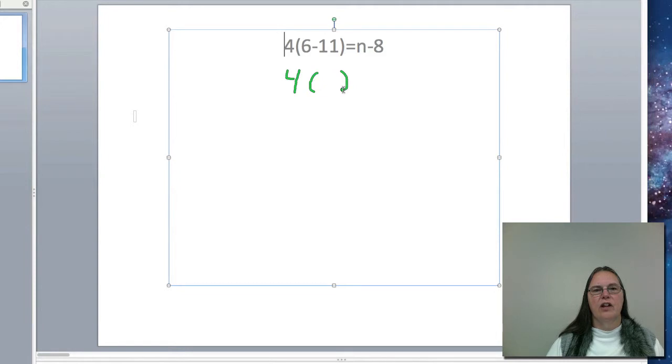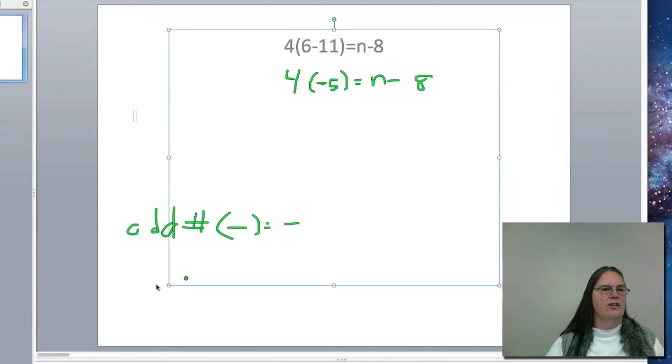If I have $6 and I spend 11, I owe somebody some money. So see, the sign of this larger number stays here. It's opposite 5 equals n minus 8. Now we have to realize that this number is an odd number of symbols. So an odd number of these symbols, when we multiply only, is going to equal an odd sign.